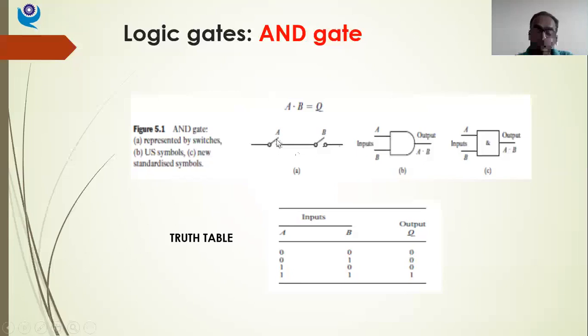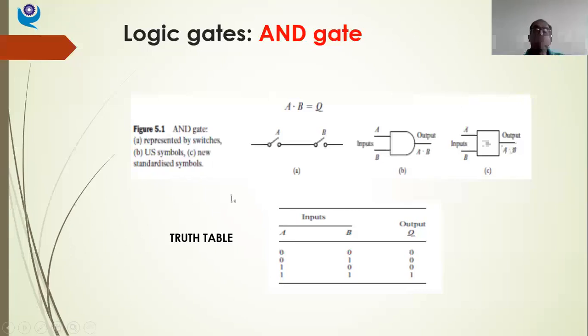So if the switch A is on and B is on, then only there will be output Q. If A is on and B is off, output will not be there, right? So this is the symbolic representation: A, B, AND gate, and the output is Q equals A dot B.